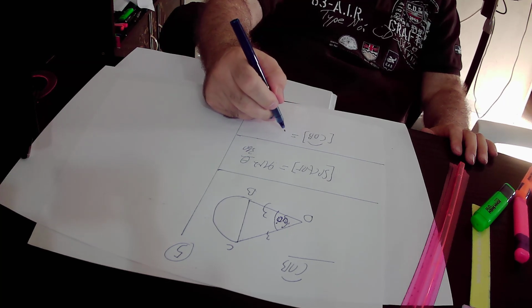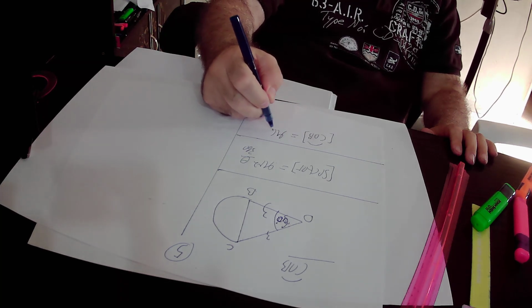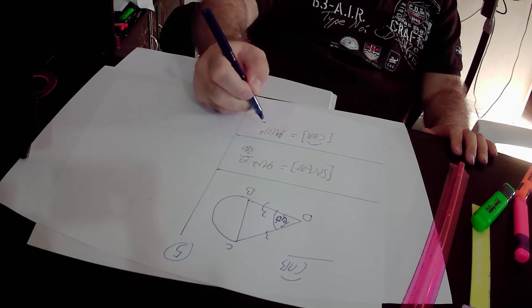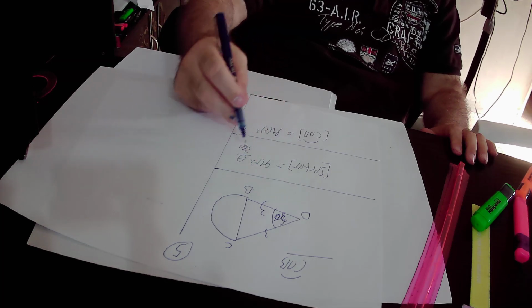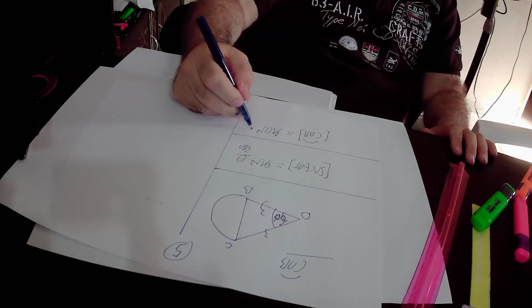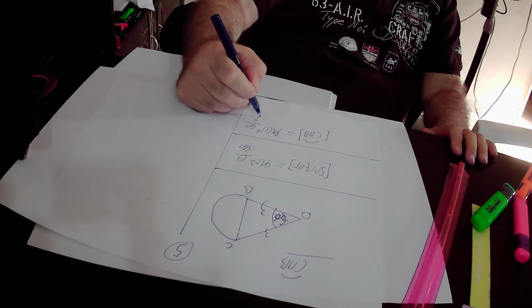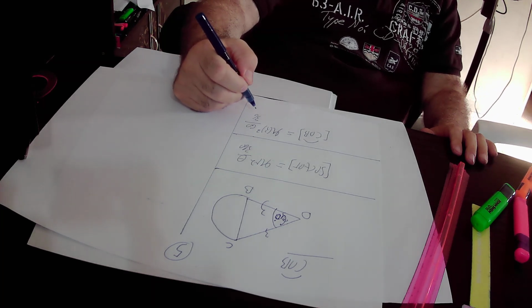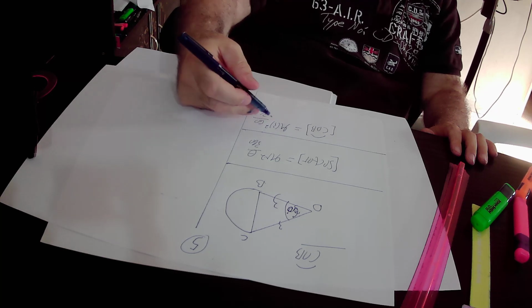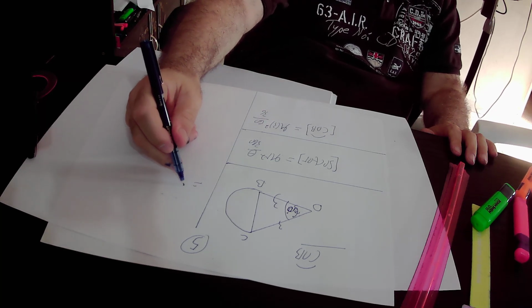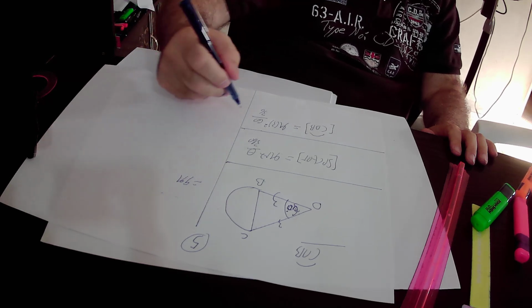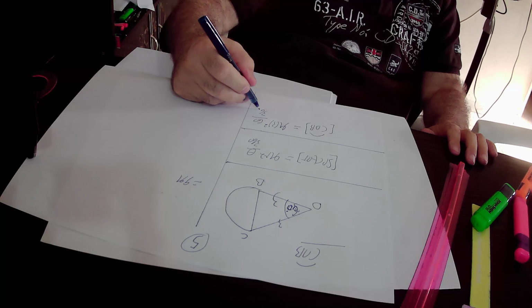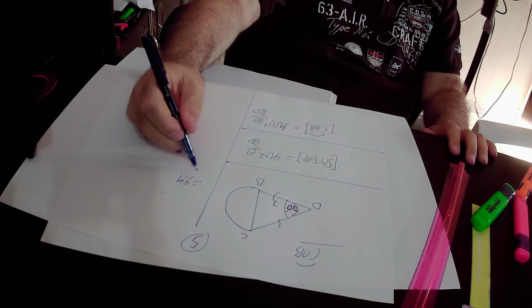R is 3, so pi r squared is pi times 3 squared, times 60 degrees over 360 degrees. 3 squared is 9, so this expression equals 9 pi, and 60 degrees over 360 degrees is 1 over 6.